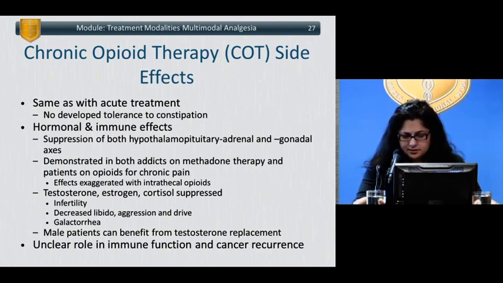They can both lead to infertility and decreased libido. And regarding the immune function, there's increased literature out there that shows that opioids may be related to progression of certain cancer states. A lot of it is animal literature. Human literature is still pending, but that's something that we need to consider as well.